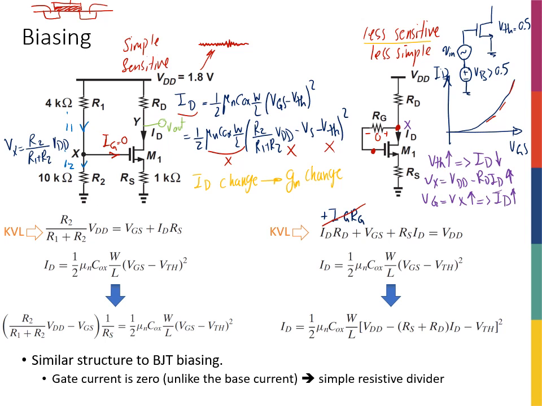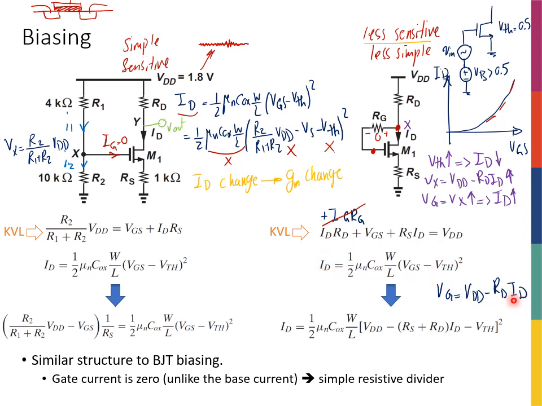What's the problem? Well, you can see the problem is now RD is related to the VG, right? I can write it down here. So VG in this circuit is equal to VDD minus RD ID. So designing the circuit requires a recursive kind of process. Let's say I start with the VG, and then I find, based on this quadratic equation, ID, right?